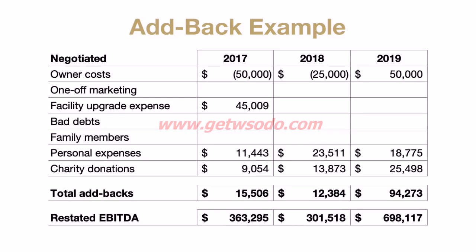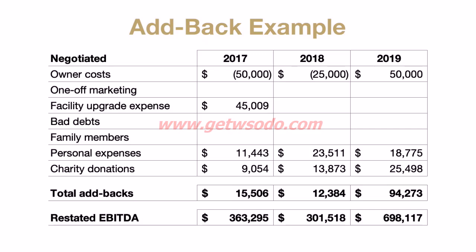So for owner's costs 2017-2018, this was actually a reduction in profit because the owner of this business was taking a very low salary and instead taking cash out through shareholder distributions, which are below the EBITDA line. So we don't need to adjust for those distributions. But a market rate for a GM for this engineering business is about $100,000 a year.